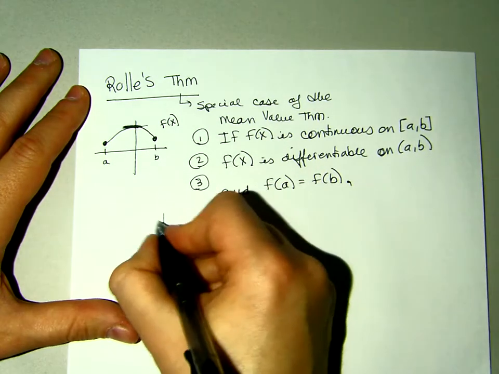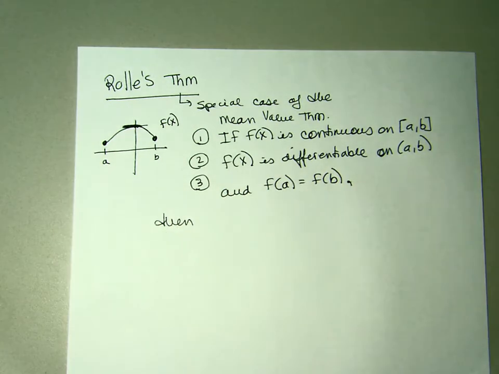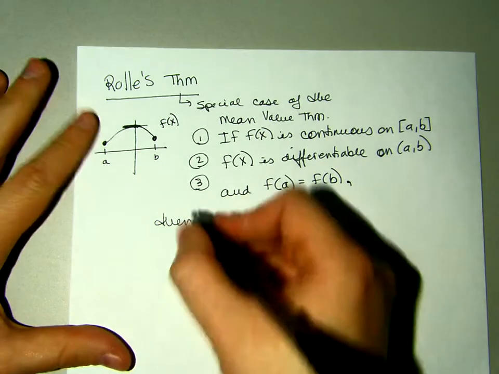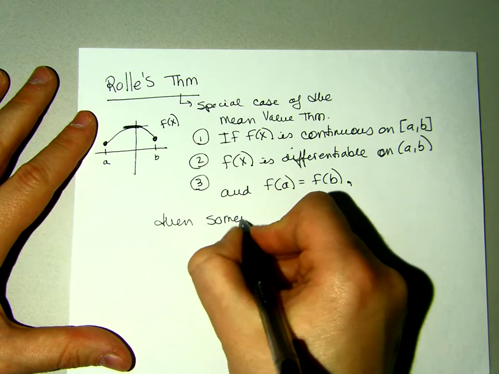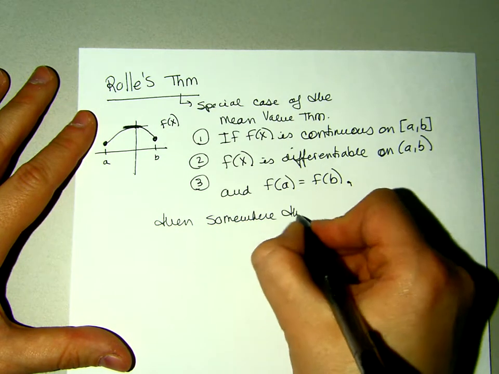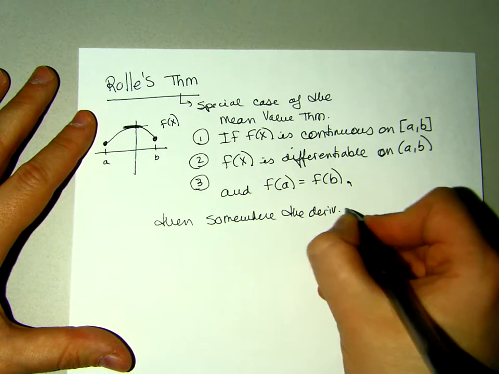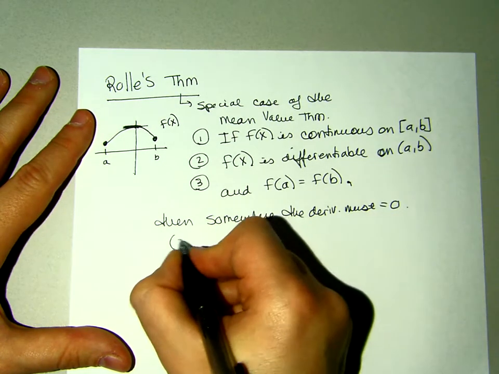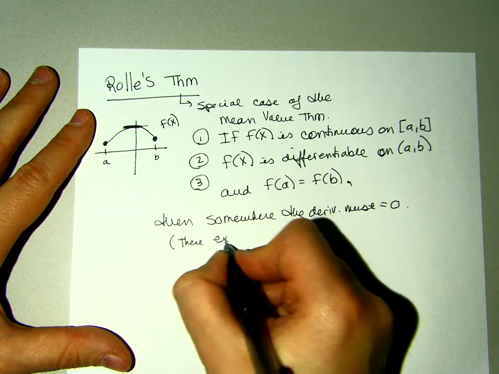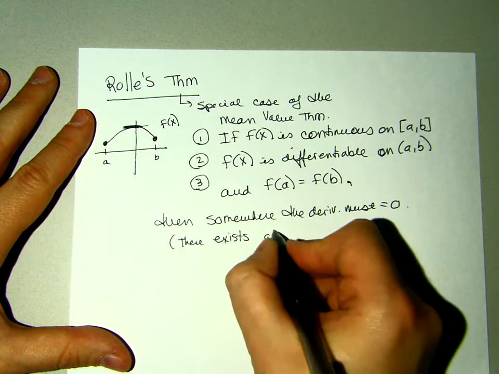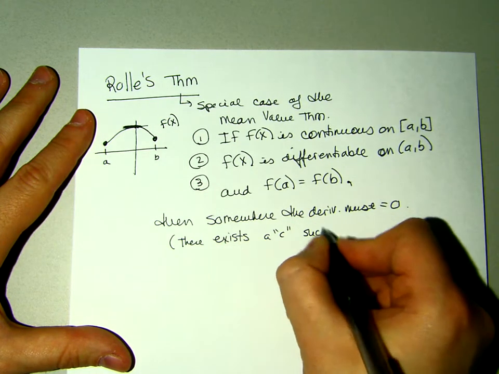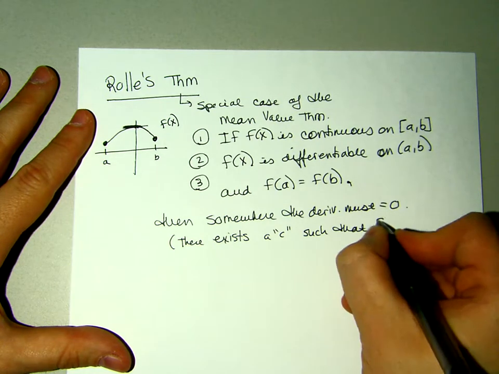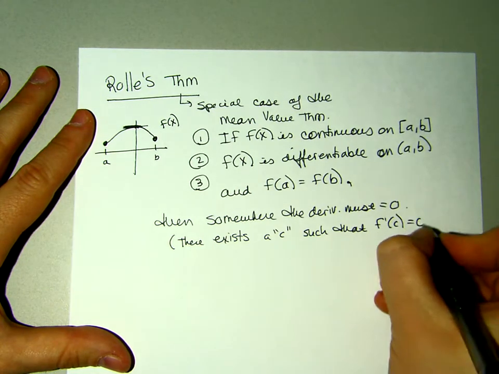Then somewhere, the derivative must equal 0. Or our more formal way of saying it is there exists a c value such that f prime of c equals 0.